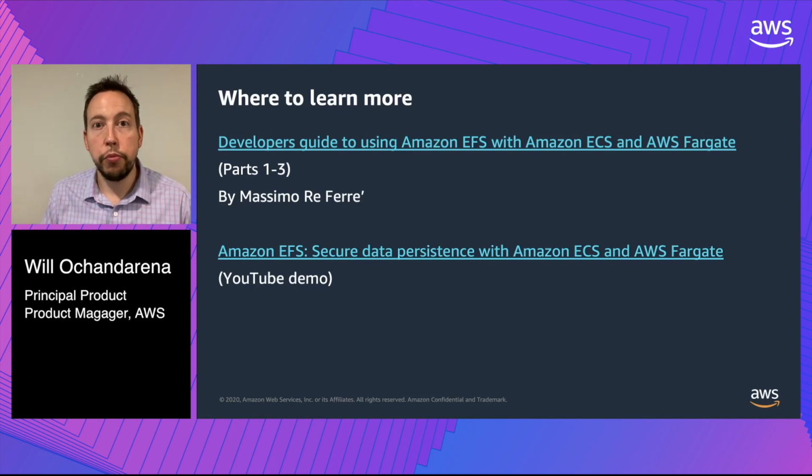Next, on YouTube, we have a great demo video that shows pictorially how all these connections work, and then it shows a sample application that utilizes EFS for persistent container storage. So it's a really good watch, highly produced. I'd recommend you check it out.